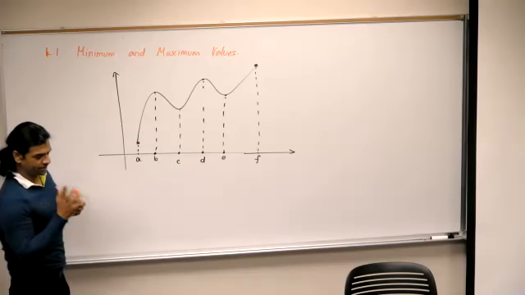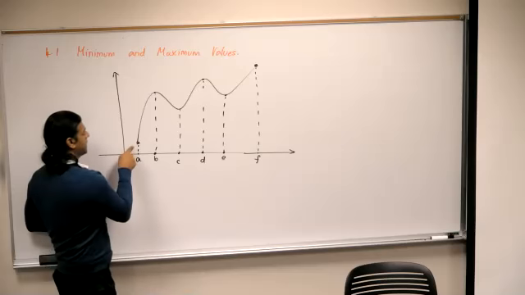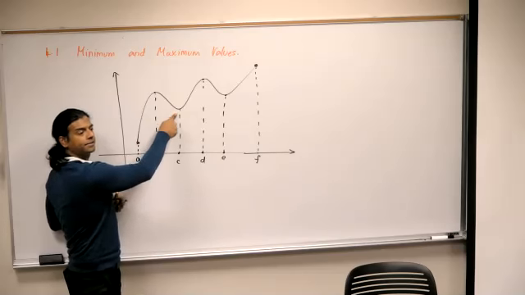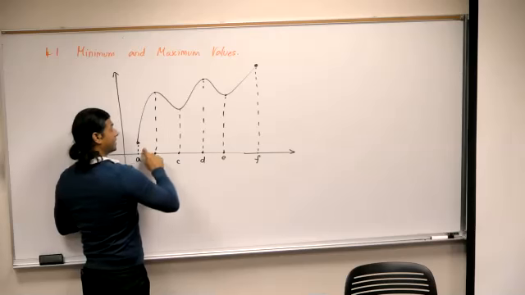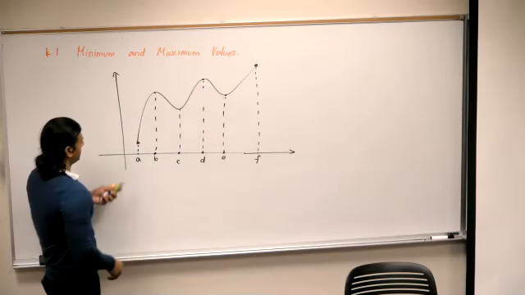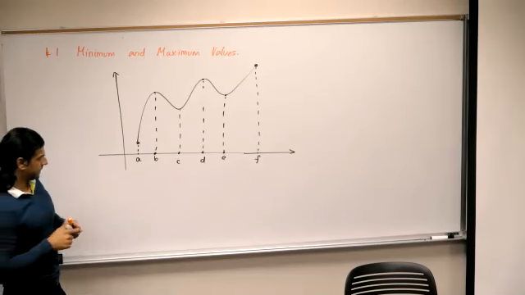The minimum that you see, let's see. This minimum value is smaller than that minimum value. Yes. This is also smaller than that value. Correct. So this simply is the minimum of all minimums.